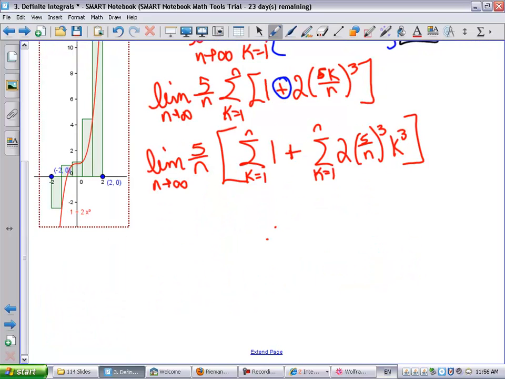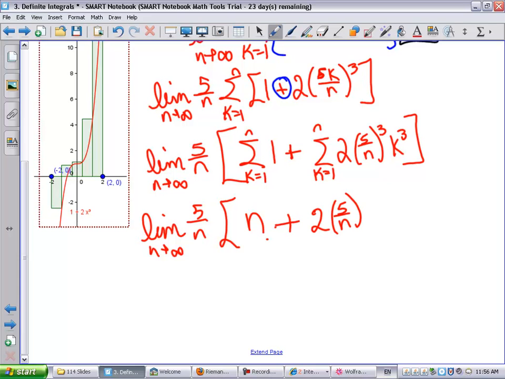Now, the sum k goes from 1 to n of 1, I'm done with that one, right? I know the formula for that. The formula for that is just n. But to finish off this second sum, I need to pull out all the constants. So I'm going to pull out the 2 and the 5 over n cubed, and sum k goes from 1 to n of k cubed.